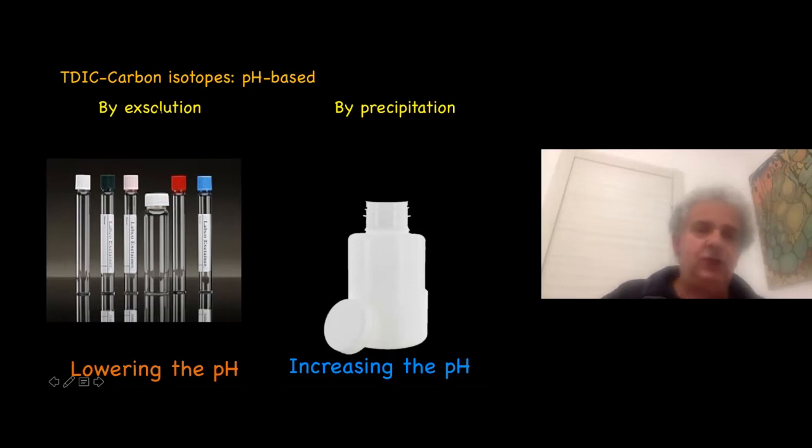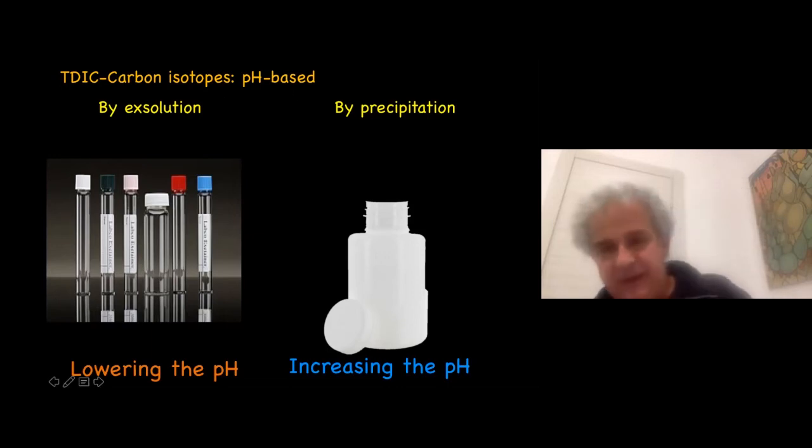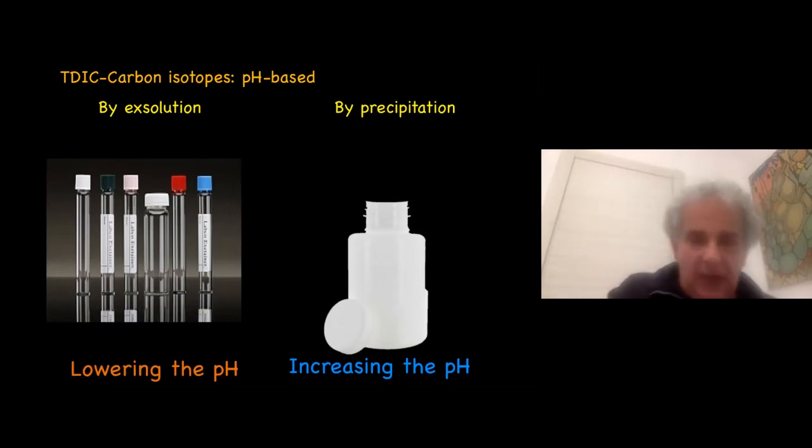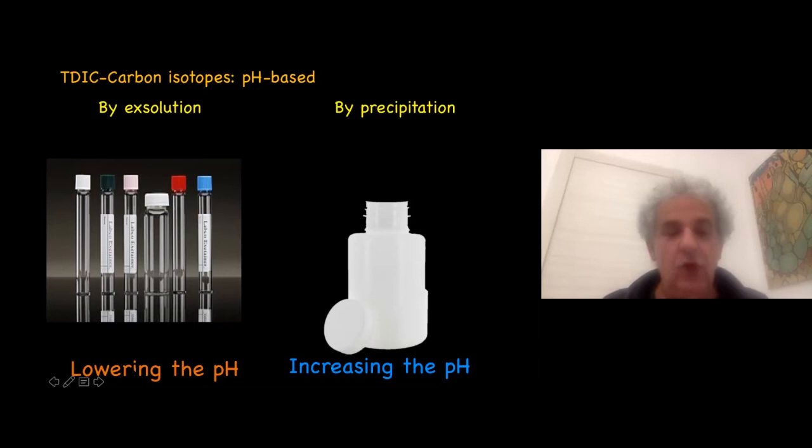What does it mean? You may exsolve CO2 from your water, or you may precipitate the dissolved carbon by using a salt. In the first case, we need to lower the pH.